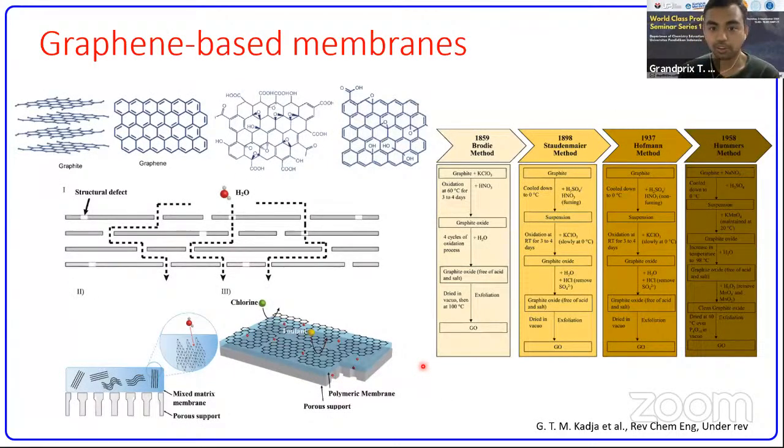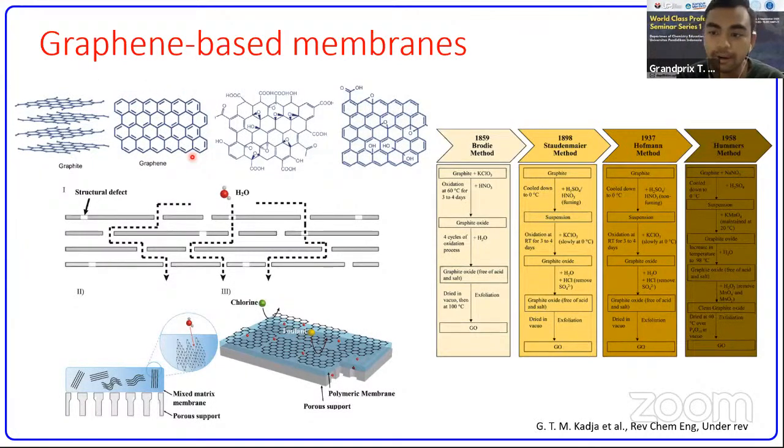Now I would like to talk about several types of those nanosheets in inorganic materials. For example, the first one is graphene-based membranes. Many of you may have been familiar with graphene. Graphene is actually the single layer that forms graphite, one of the carbon allotropes.